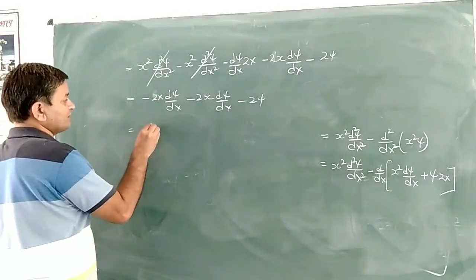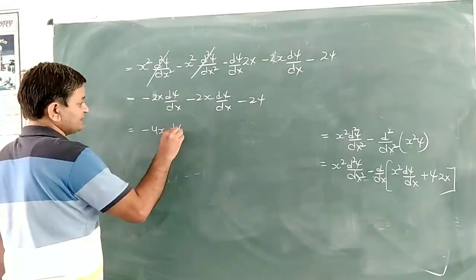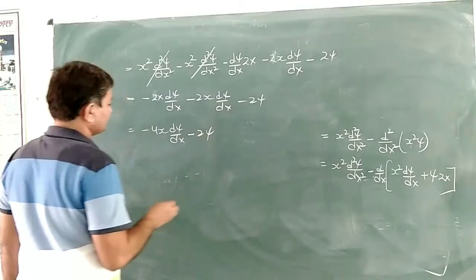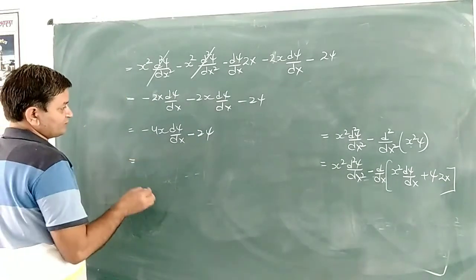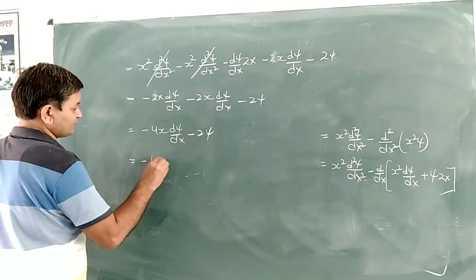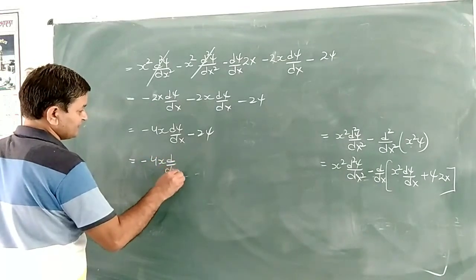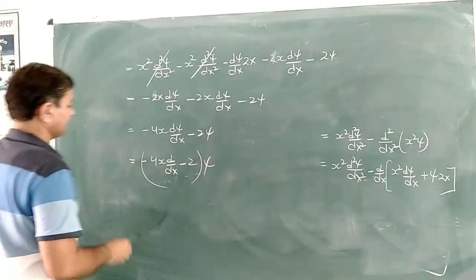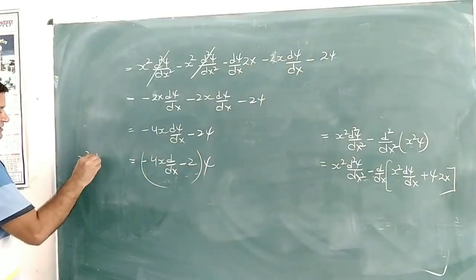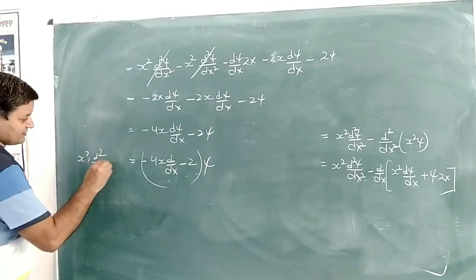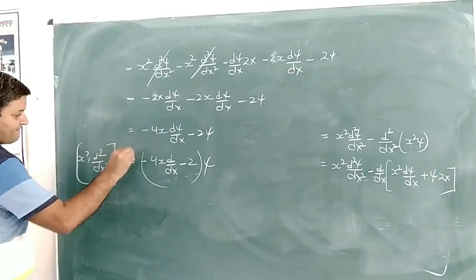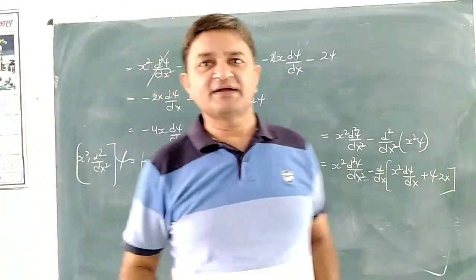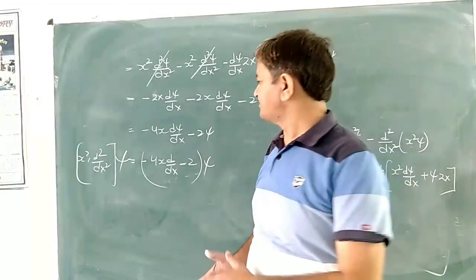This will be equal to minus 4x d psi divided by dx minus 2 psi, and therefore it will be minus 4x d divided by dx minus 2 and the psi. So this is the x squared d squared divided by dx squared and this one. So this is called the commutative operator and its expression. This is a simple case of that.